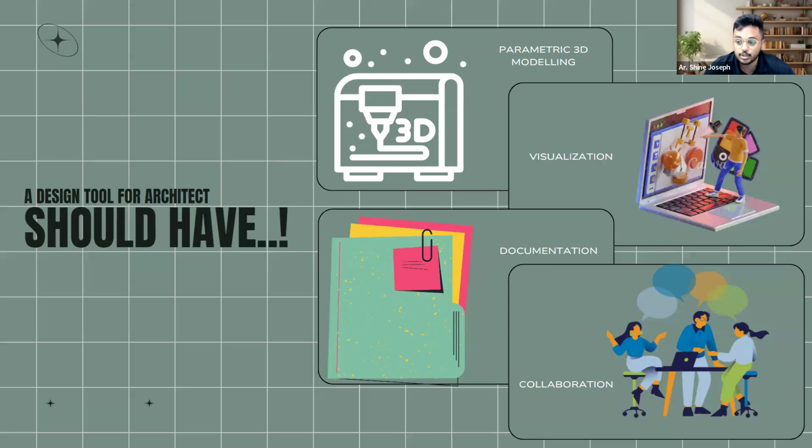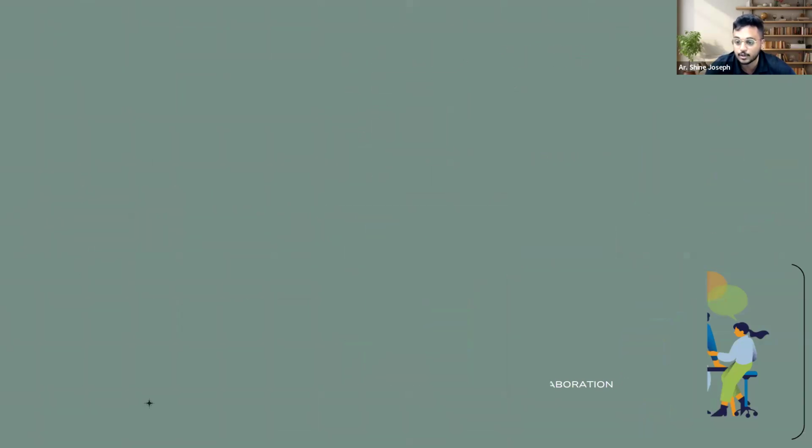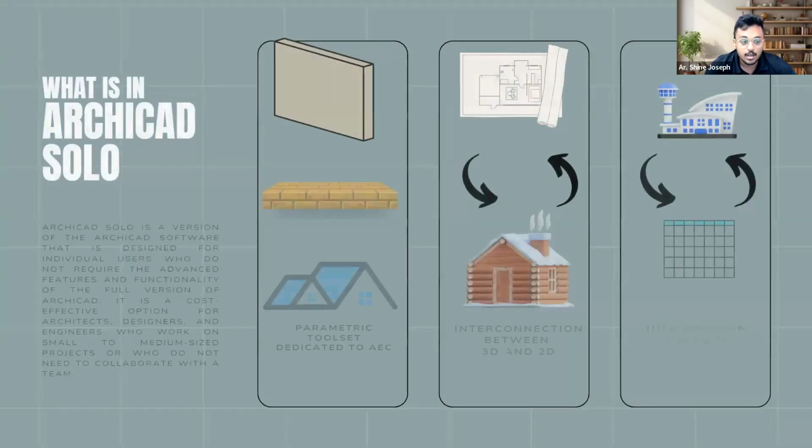You should be able to visualize as well to showcase it for somebody else. Again, whatever you create or model or visualize, you should be able to document it so that it goes to the next person in terms of the building design and construction. And the last part is collaboration where, as you know, it's not just one person's job to create a building. So it's very clear and evident that a tool that supports collaboration is something that we need for our industry and development.